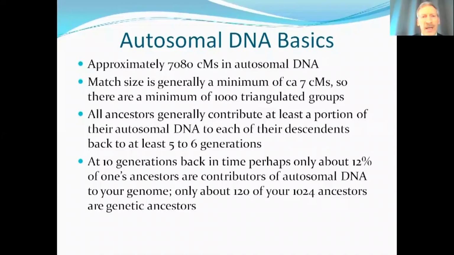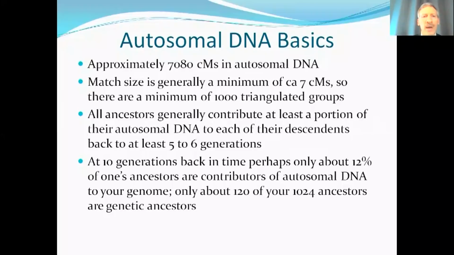Another point to be made is that generally speaking, all ancestors contribute at least a portion of their autosomal DNA to their descendants going back at least 5 to 6 generations. However, as you start going back further in time, your genetic ancestors are not necessarily the same as your genealogical ancestors.